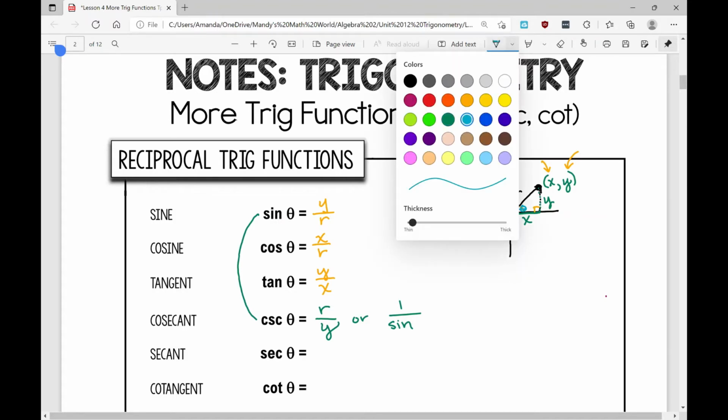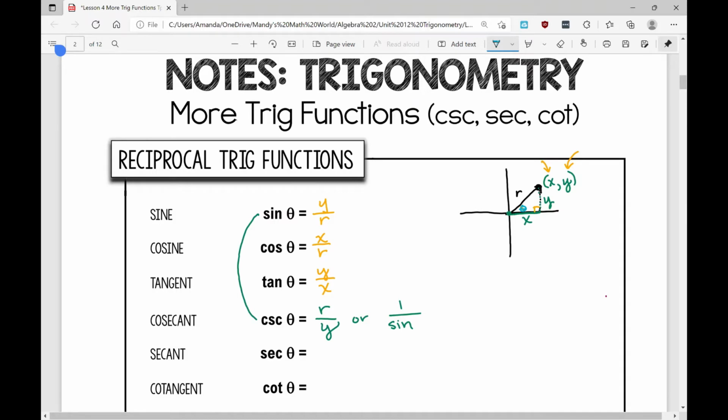And then the secant of theta is the reciprocal of cosine theta, which means the secant of this degree measure right here, instead of being x over r, is r over x. Or I could say 1 over cosine.